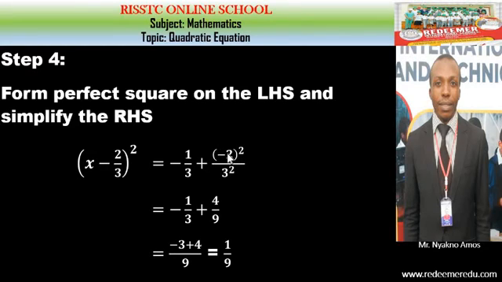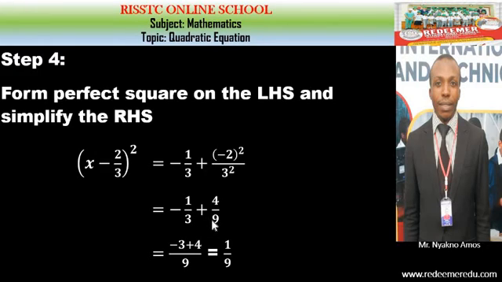This is the distributive power law of indices. So we now have minus 2 squared, which is minus 2 times minus 2, giving us 4. Here we have 3 raised to the power of 2, which gives us 9. And here minus 1 all over 3, we bring it down. Then the next thing is that you simplify this fraction that we have.